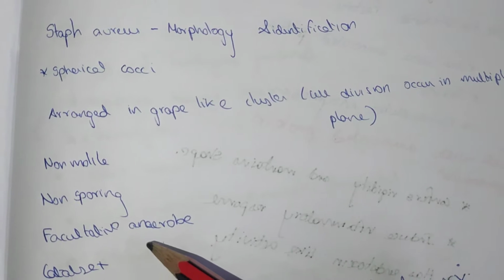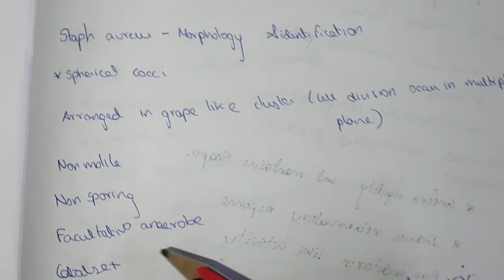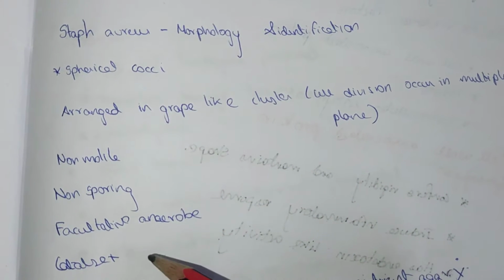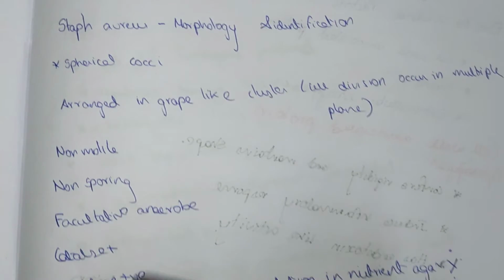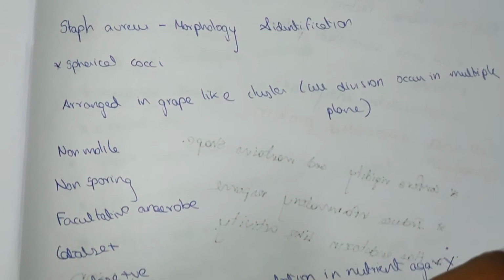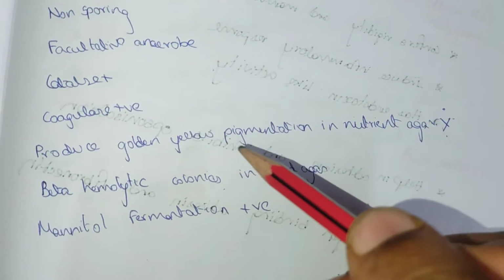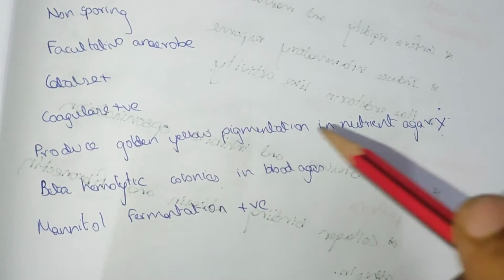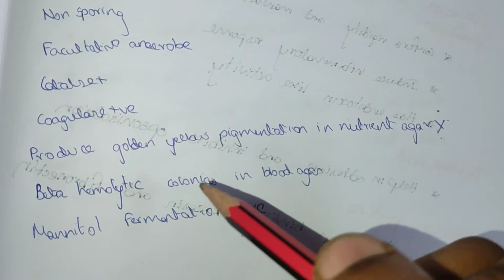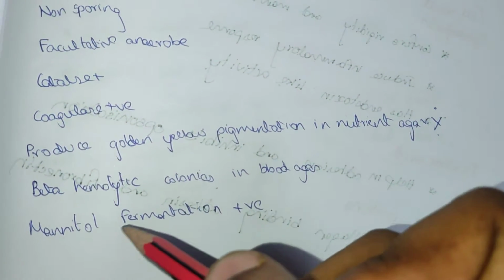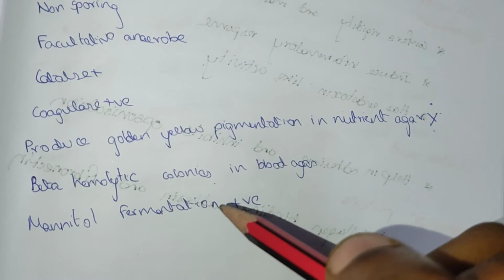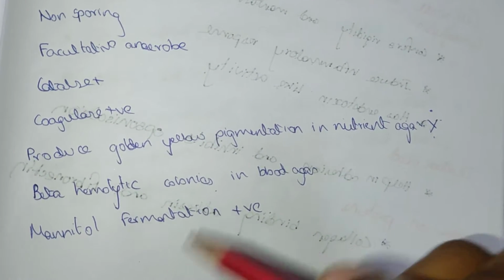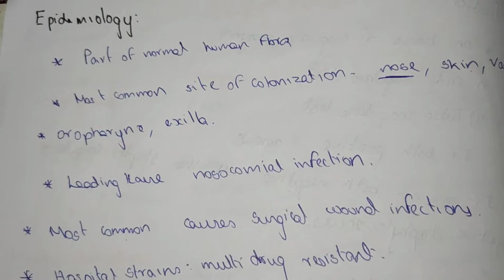They are non-motile, non-sporing, facultative anaerobes, catalase positive, coagulase positive, produce golden yellow pigmentation in nutrient agar, beta hemolytic colonies in blood agar, and mannitol fermentation is positive. These are the characteristics of Staphylococcus aureus.